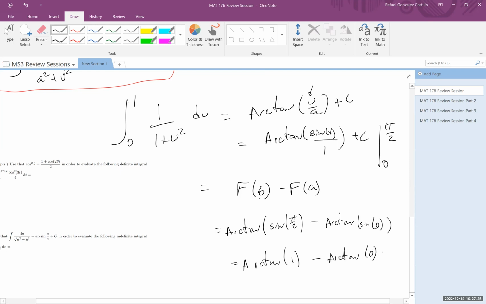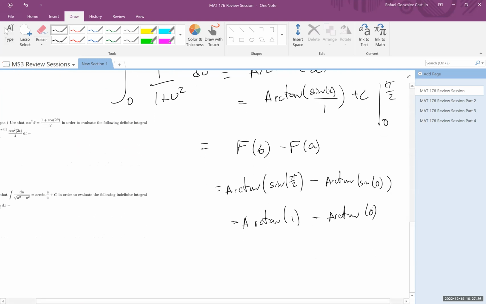And I am going to leave the problem up to here. You could compute this a little bit more because you could find out what arctangent of 1 and 0 are by just using trigonometry. You could rewrite this as tangent of theta equals 1 and solve for theta, and you could write this one as tangent of theta equals 0 and solve for theta.